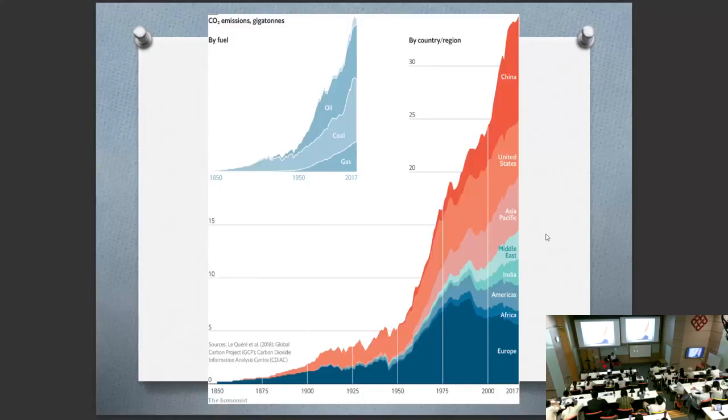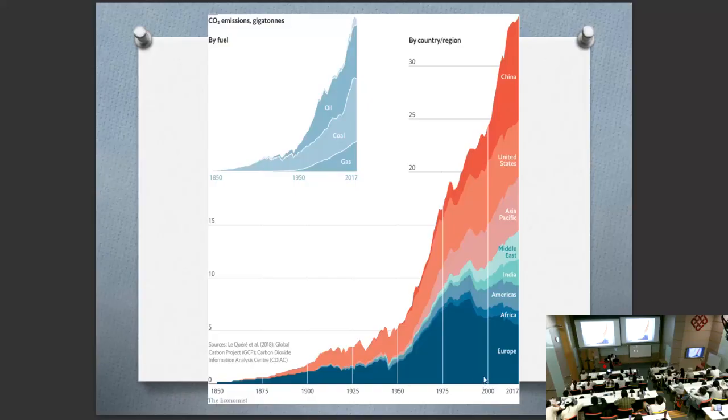So you can see that earlier, like pre-industrial or right after the Industrial Revolution, Europe constituted a large portion of the carbon dioxide emissions. And then for the US, maybe 40% for the US and 60% for Europe.